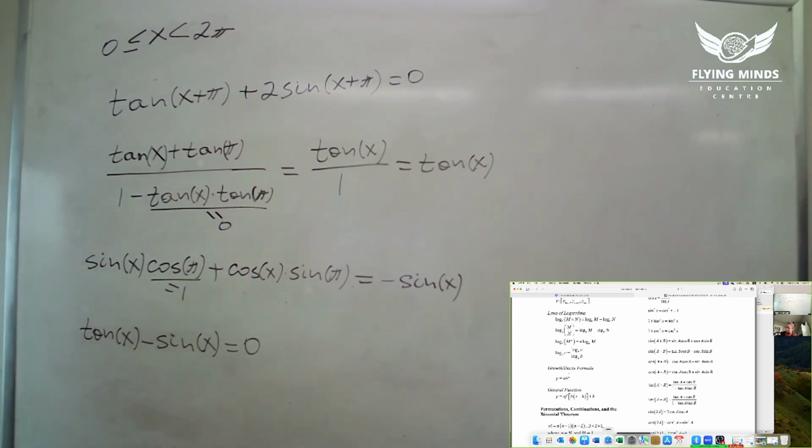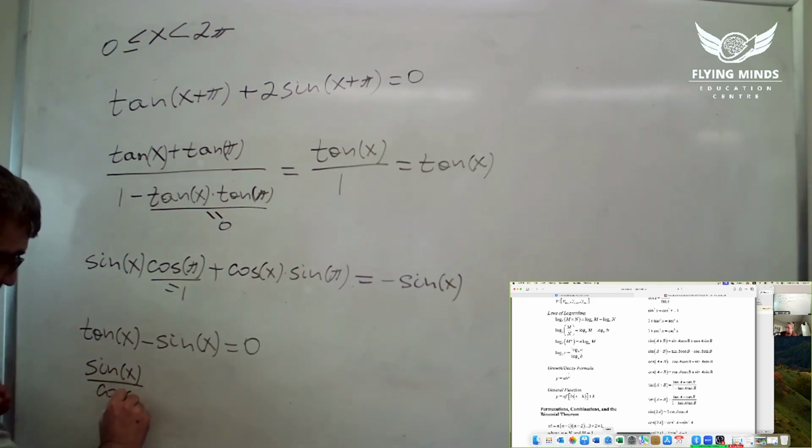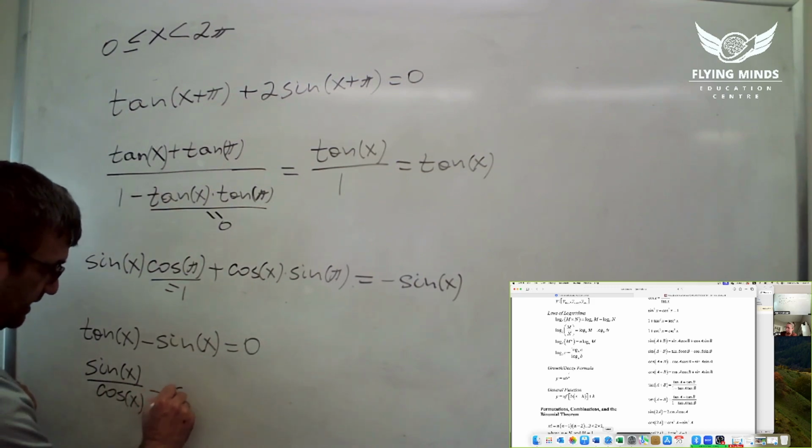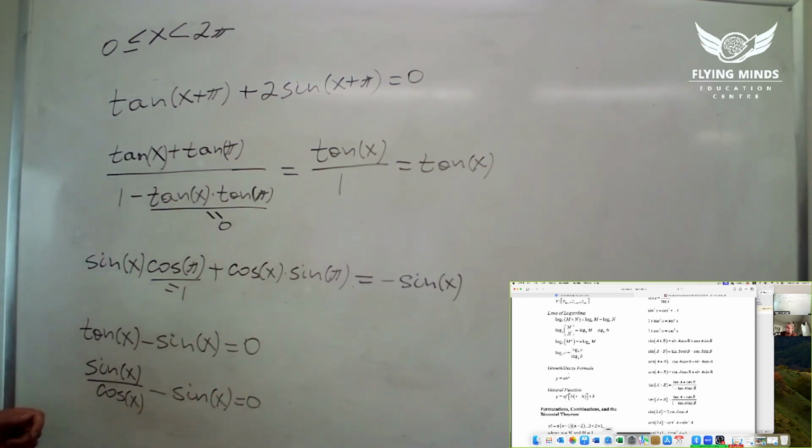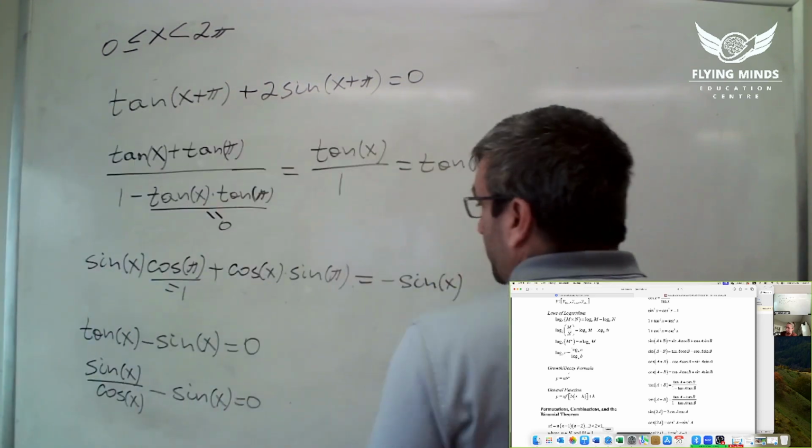What I do now is sine over cosine. So sine over cosine, minus sine x equals... Would I multiply sine x by cosine?